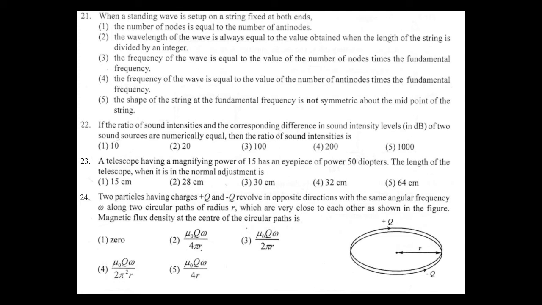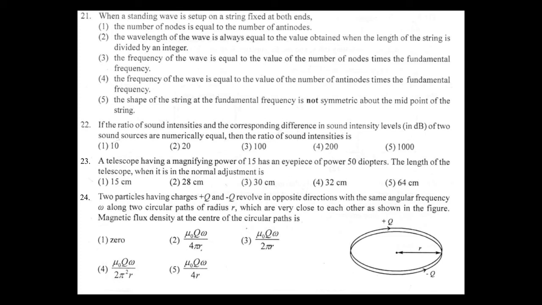So FO equals 15 into FE, so FO is 30 centimeters. Then the length of the telescope is 30 plus 2, 32 centimeters. Answer 4.